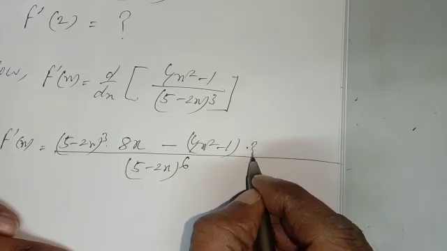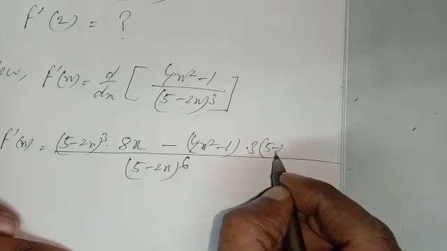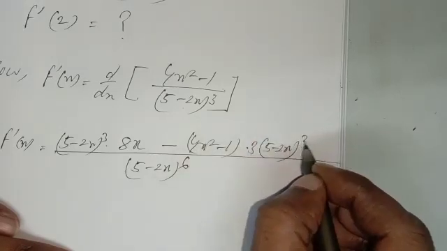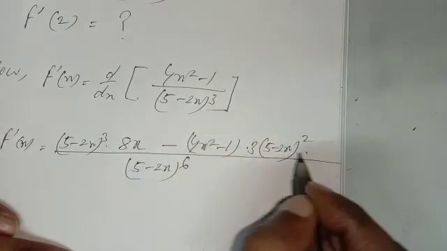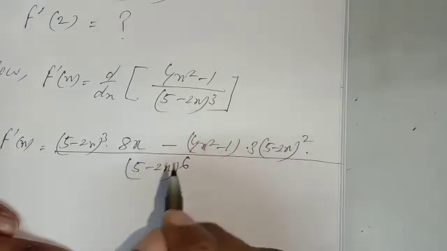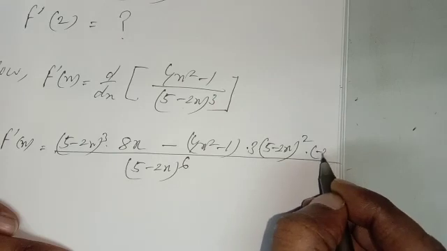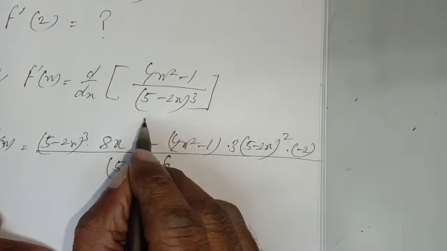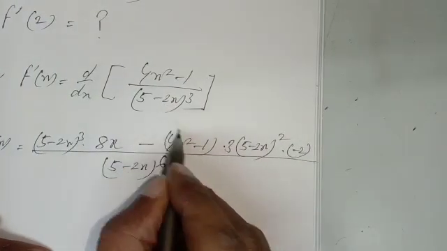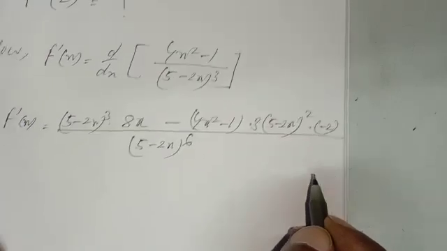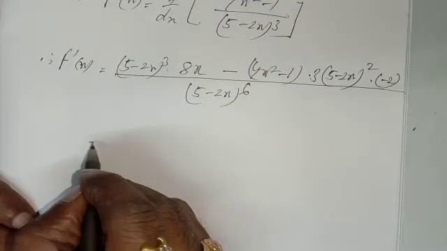This 3 will come here. 3 into (5 minus 2x) whole square, power will be 1 less. Again, derivative of the inside part, that is 5 minus 2x, will be minus 2, because derivative of 5 is 0. Yes or no? Minus 2x derivative is minus 2. Next you see how much you are getting.